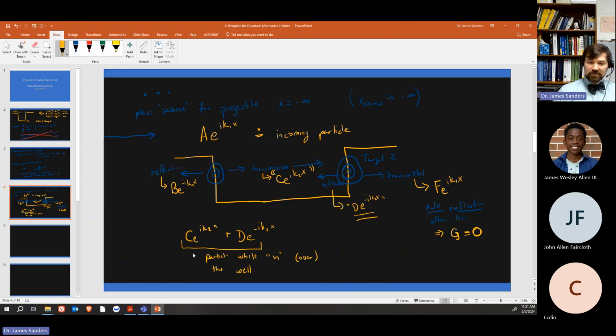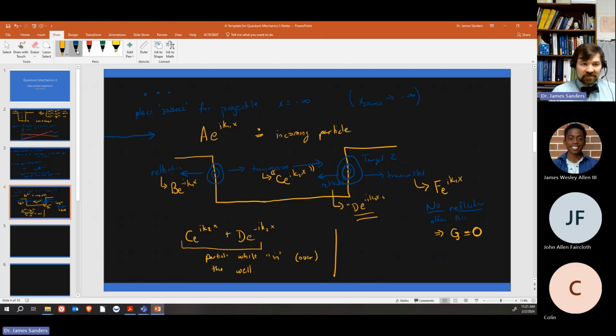Because if we can express C and D in terms of A and B and F, then we have a slightly simpler system for ourselves.